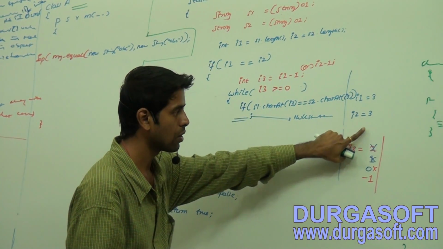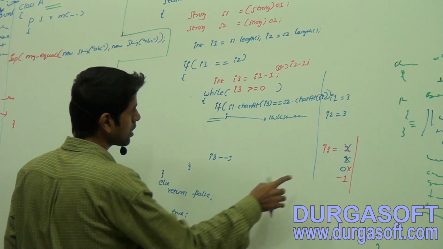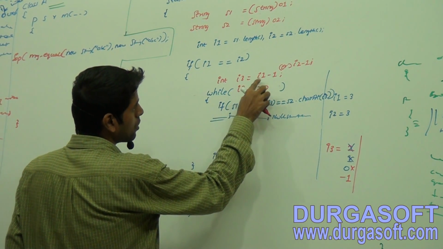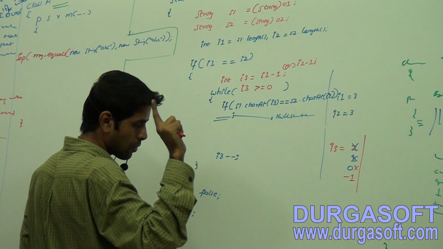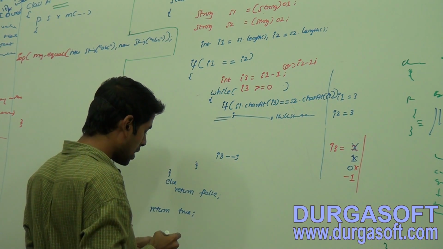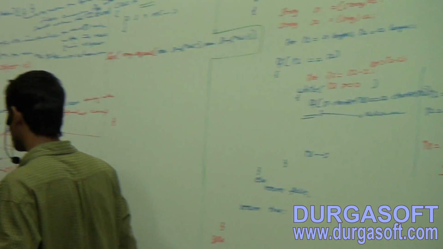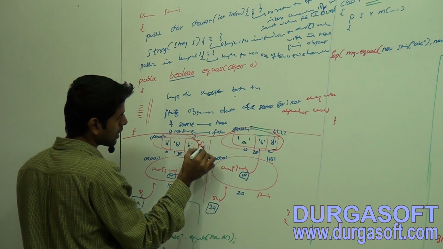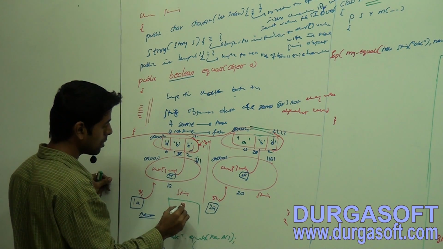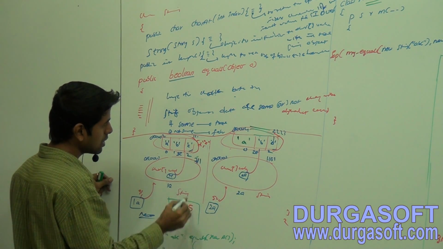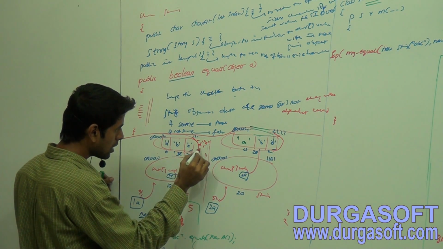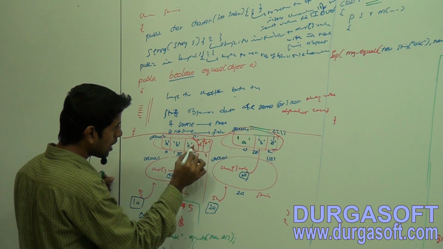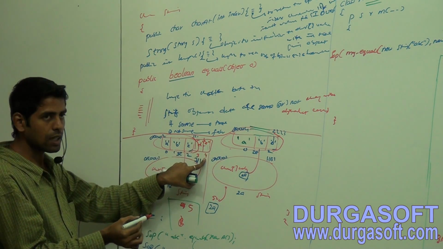Now observe what I am doing here. I3 value I am decrementing by 1. Why only by 1? Here, if I have the case D and E, what is the length? It will be 5. What will be the last index here? 4.